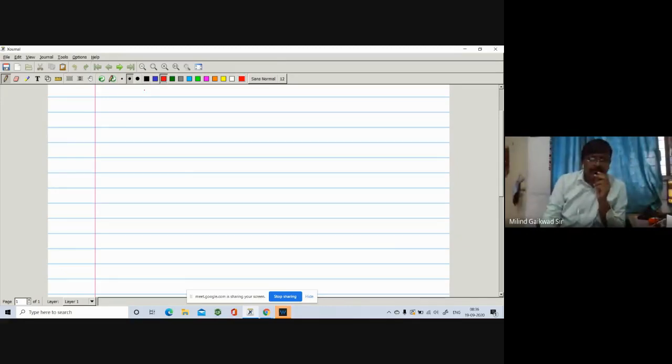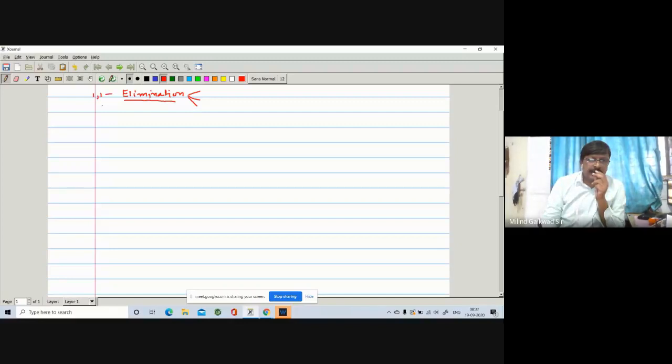In elimination reactions, we have seen that they are of different types depending upon the type of group removed from which position. So these eliminations may be 1-1 elimination, 1-2 elimination, or 1-3 elimination, and so on. And in that, we are discussing 1-2 elimination.